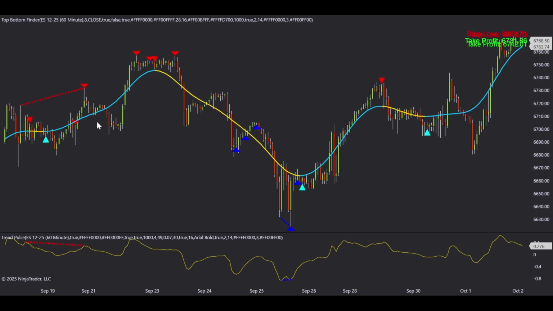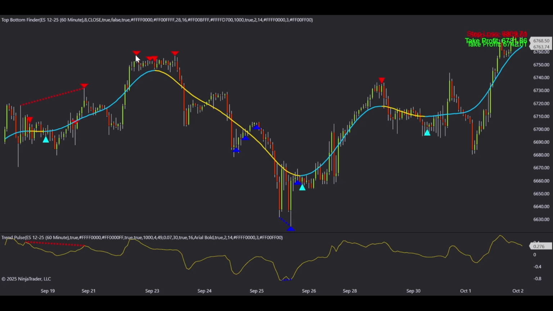This is going to work well because the trend pulse is finding when trends are about to end and we start to see a reversal form. For instance, in this move here, this uptrend is about to start to range and we could see a reversal.